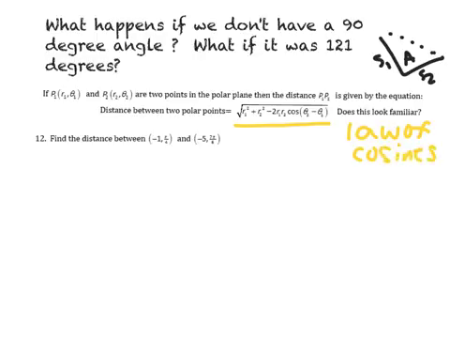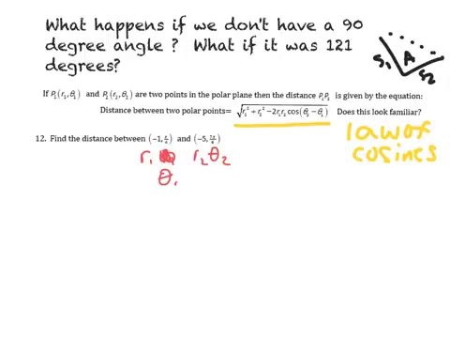Okay, so if I want to find the distance between these 2 points, I'm just going to plug it into my equation. I'm going to make this r1 theta 1, r2 theta 2.